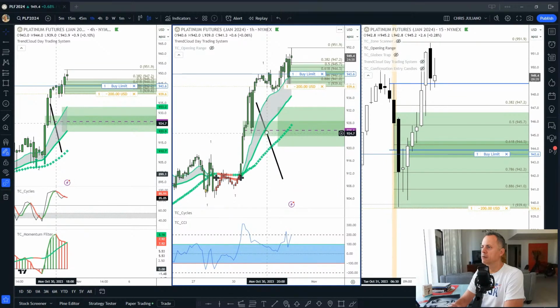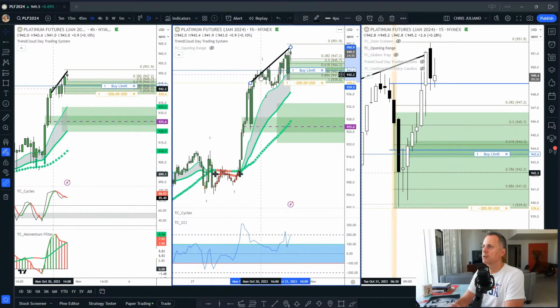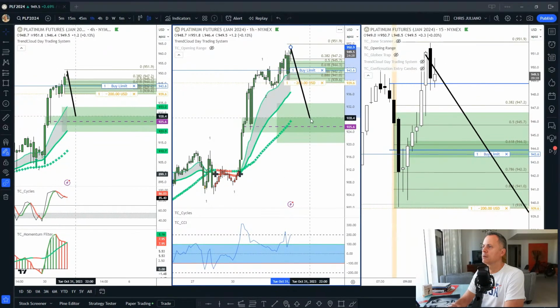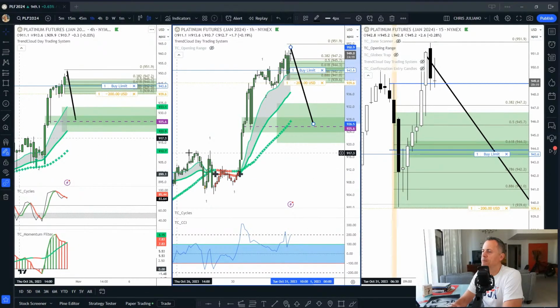Did it right there. Pulled right back into there and then continued up. So maybe it does it again. So that would be your high time frame curve right there. Totally. And we've got a level of imbalance on the middle time frame here, right?